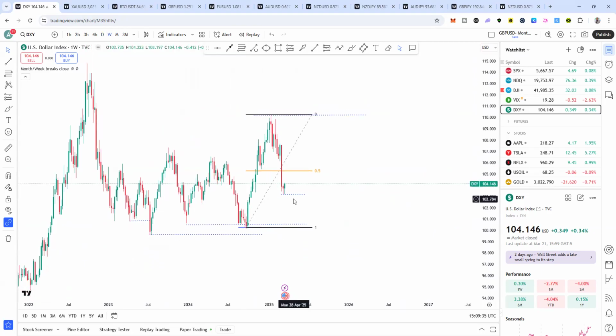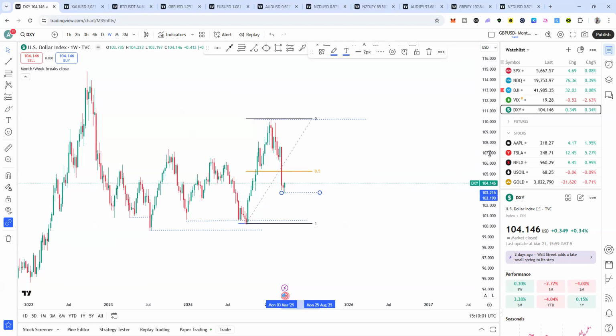After some weeks, we're having a bounce showing us a weekly bullish candle, pardon me. So it's saying that the dollar is looking strong. We might push up from here.